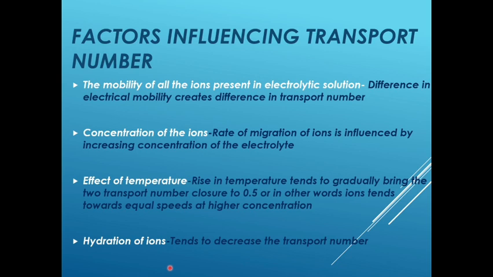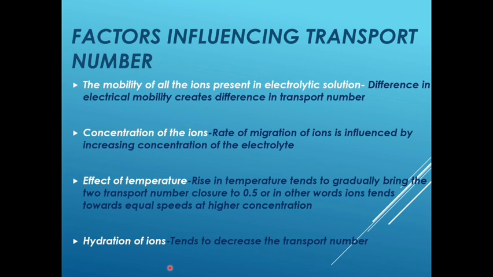When we check the cations of chloride, we see that the rise in temperature tends to gradually bring the two transport numbers closer to 0.5. और in other words हम कह सकते हैं कि ions tend towards equal speeds at higher concentration. वो 0.5 के आसपास रहना चाहते हैं.